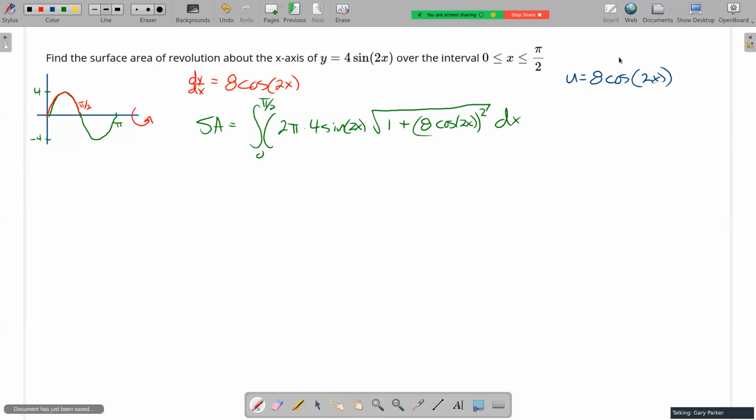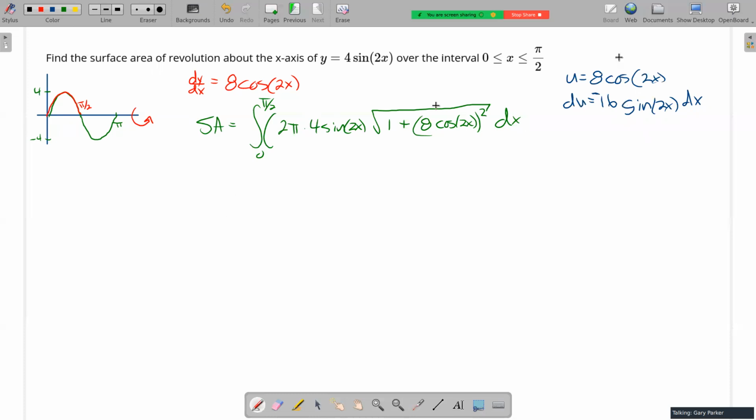So then du is going to be 2 times 8, or 16, sine of 2x, and the derivative of the cosine is the negative sine, dx. And I almost have that out here. I have 2 times 4, which is 8. So I'm just missing a multiple of 2 for that.